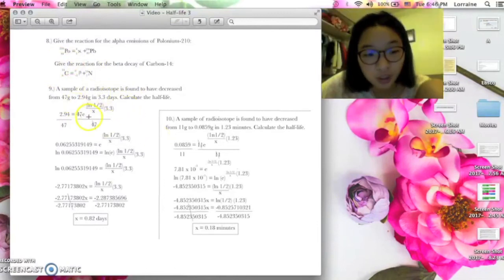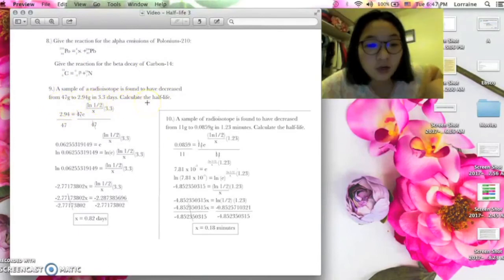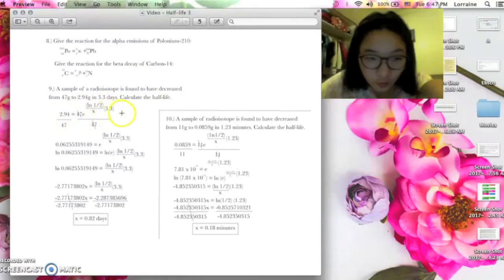Anyway, for number 9, a sample of a radioisotope is found to have decreased from 47 grams to 2.94 grams in 3.3 days. Calculate the half-life. So we once again use the original equation, which is A equals A sub 0 e exponent kt, and then we substitute, so it becomes 2.94 equals 47 e exponent ln 1/2 over x times 3.3.